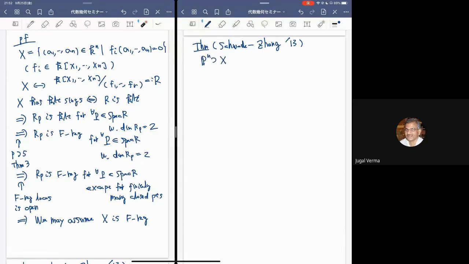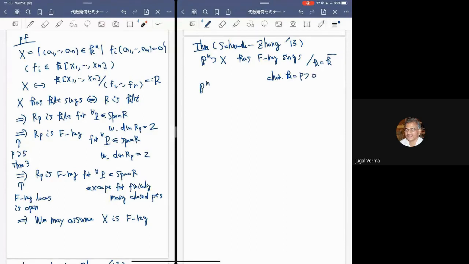Again, X is a quasi-projective variety, and I assume X has F regular singularity, and everything is defined over an algebraically closed field of characteristic p.